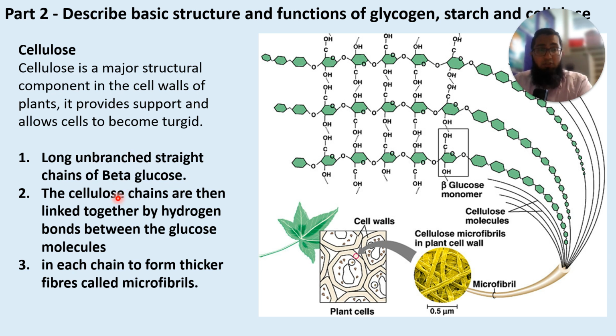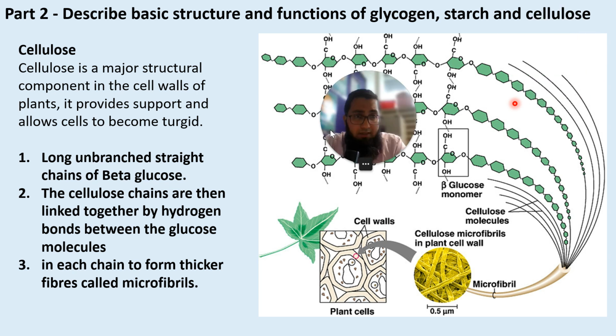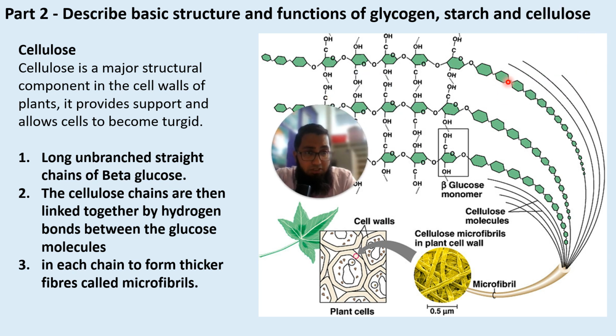Now the cellulose, it's got many chains. So I have here, for example, maybe this is a better way. This is one chain. This is another chain. Now this is another chain. So these three chains are obviously not physically connected, but they have some sort of bond between them, and we call this hydrogen bond.